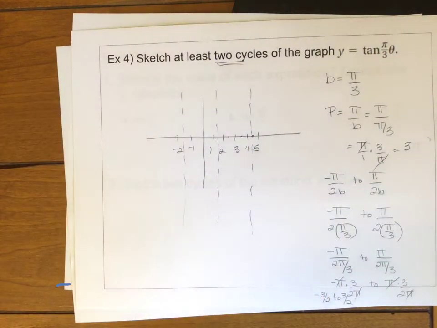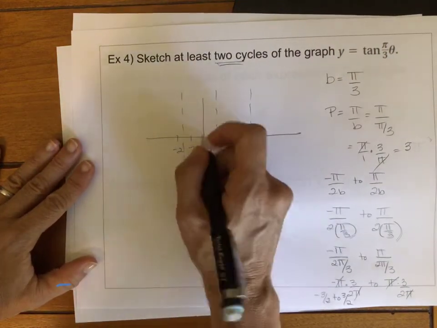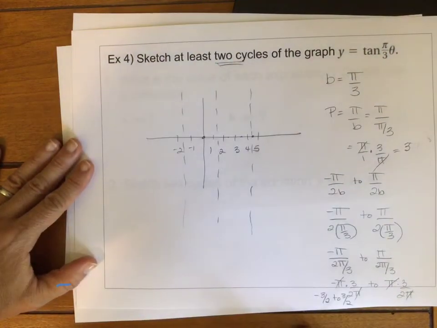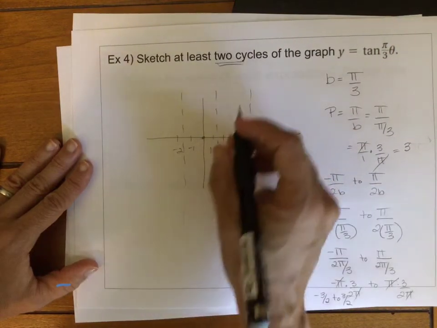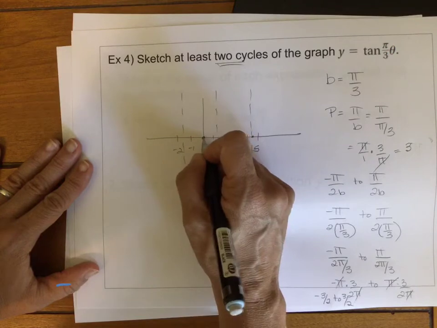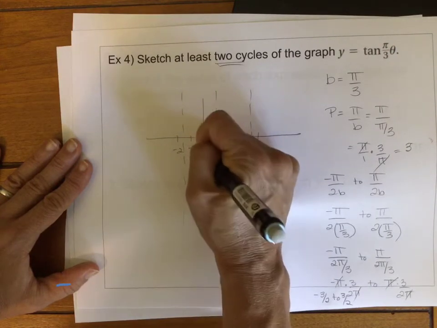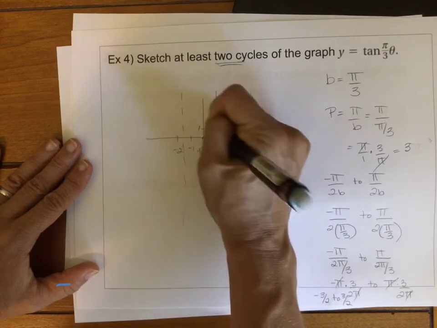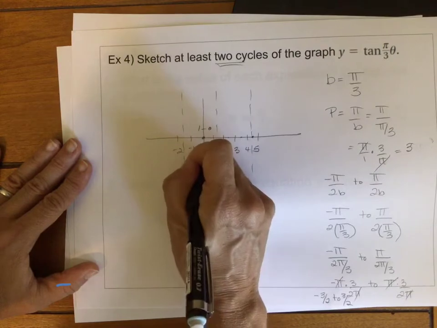And then I want to go halfway between negative 1.5 and positive 1.5. And over here it's 0, so it's kind of easy. And then halfway between 0 and 1.5 is about 0.75, where I'm going to be showing my amplitude. So right about there, and maybe right about there.